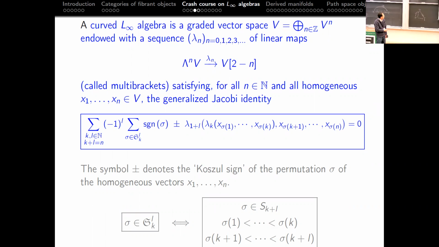Lambda 0 is in fact just an element of V, of degree 2.